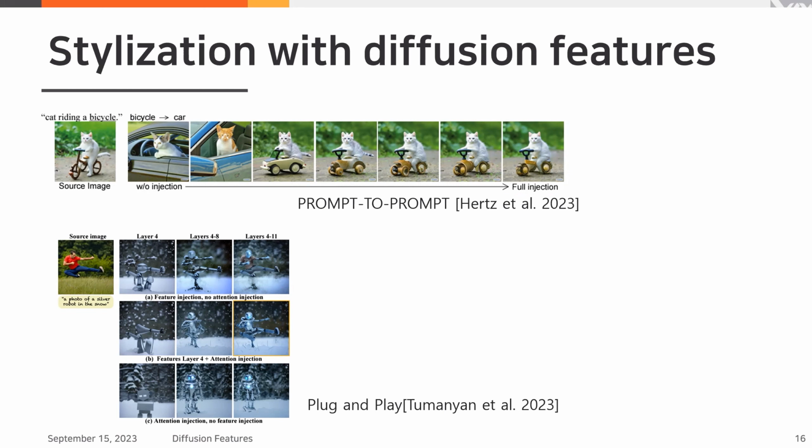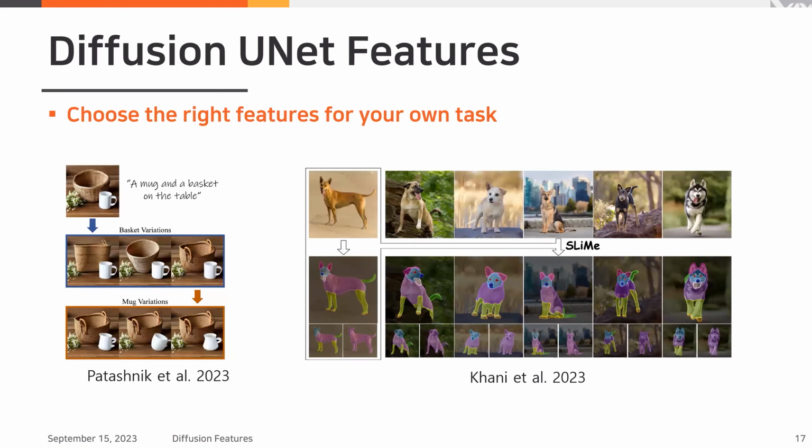I'll move on to the next slide. Choosing the right feature is an important thing for designing the model for downstream tasks. In Prasnik et al., they used self-attention based shape localization for object variant images. In Kanye et al., they used cross-attention and self-attentions for segmentation.